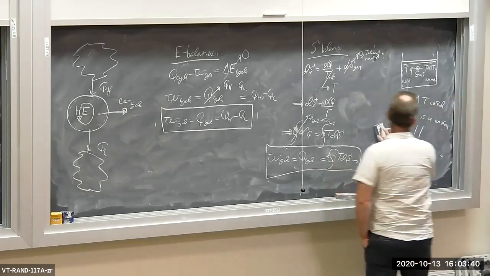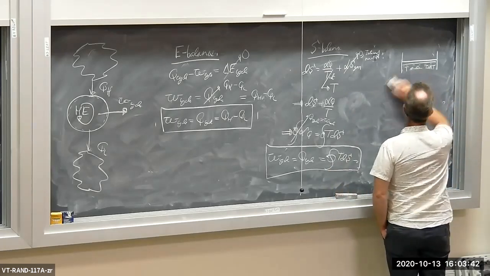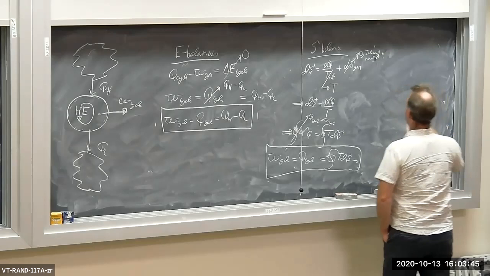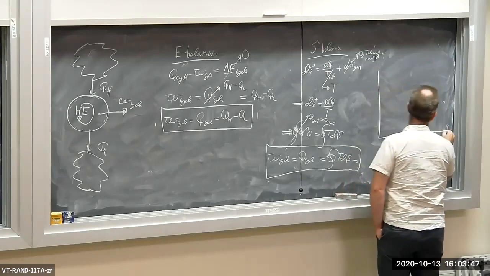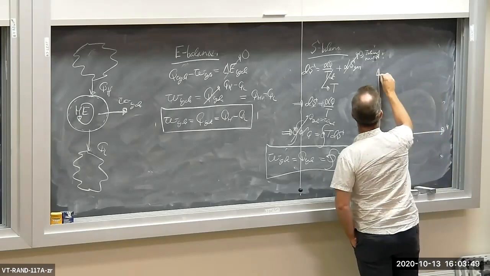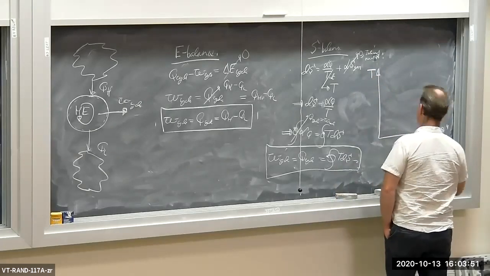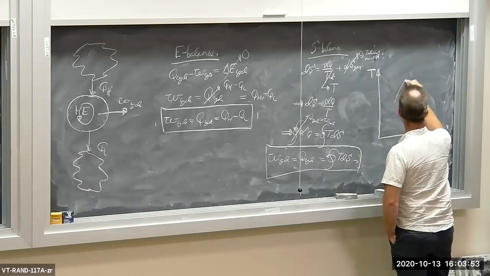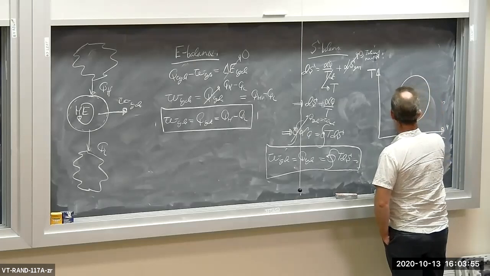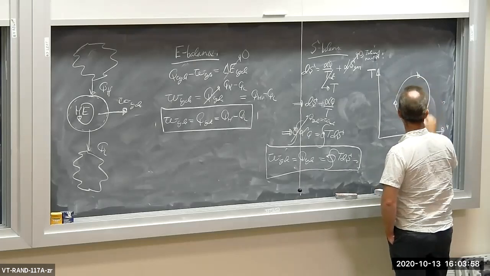What does that mean? That means if I plot my cycle on the temperature entropy plot, TS, here's my cycle. There's my cycle. Just a circle, let's say.